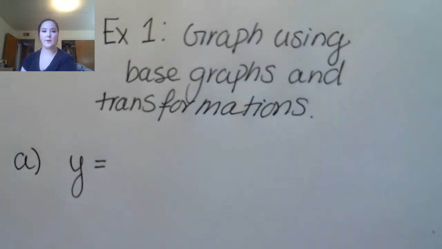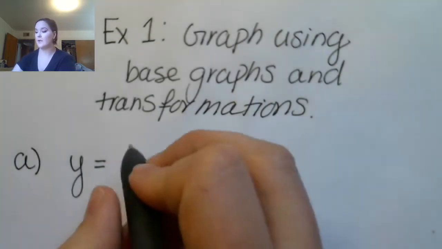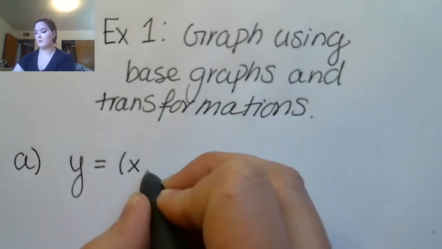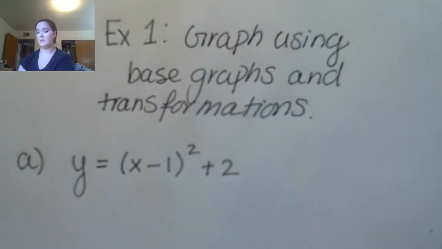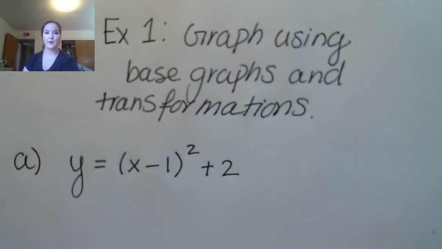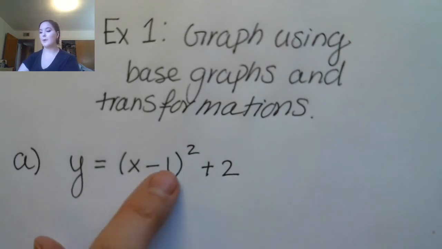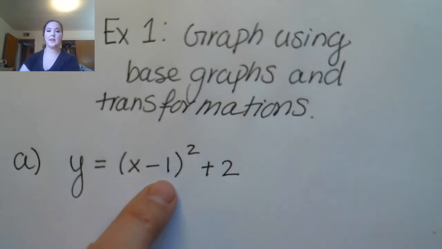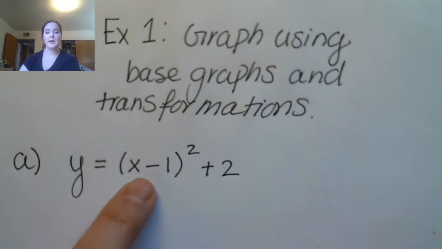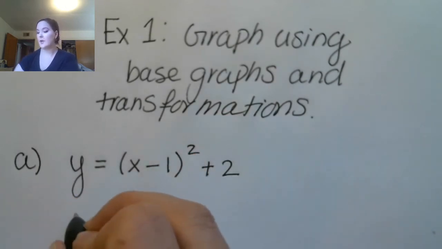So we'll start with an example that we're familiar with, which is the x squared base graph. All right. So I want to remind you that everything inside the main function, so inside of the x squared part, is going to be an x transformation.